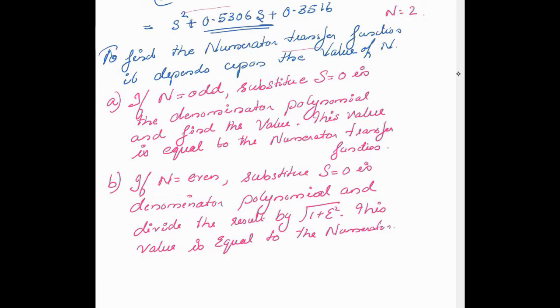If n is even, the same thing, you have to substitute s is equal to 0 in the denominator polynomial, and the resultant should be divided by root of 1 plus epsilon square. You know the value of epsilon square, you divide by it, and that value will be the numerator.